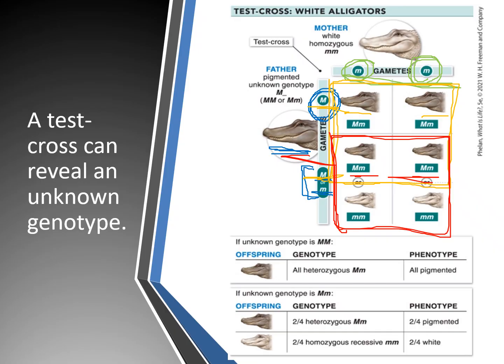Because they will be pigmented. And 50% will inherit that recessive allele if he is heterozygous, and they will be white like mom. So this is how we set up a test cross. It is a way for us to look at the potential genotype of one of the parents when we're not quite sure what the genotype might be, if they are homozygous dominant or heterozygous.